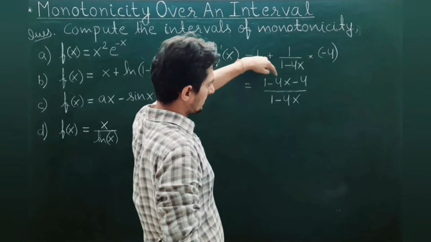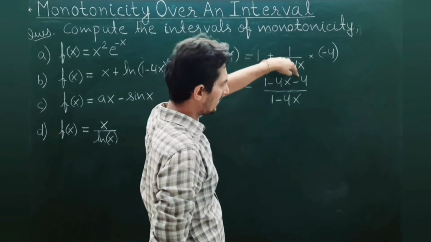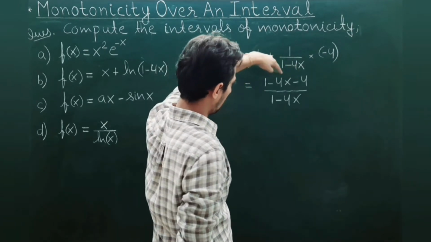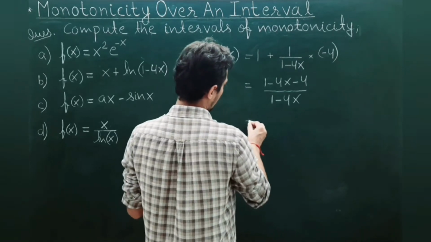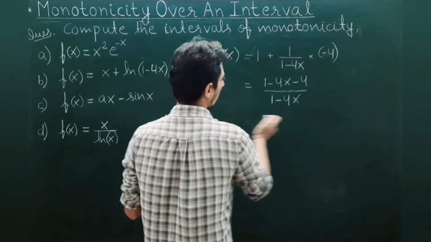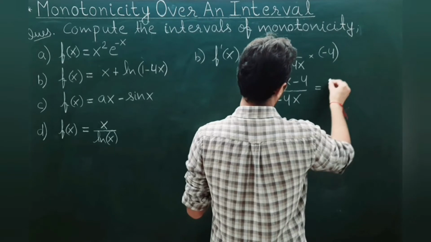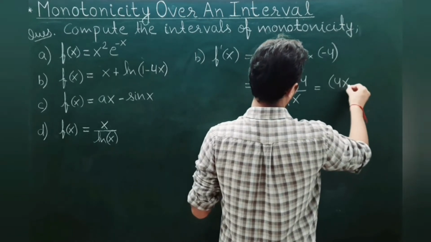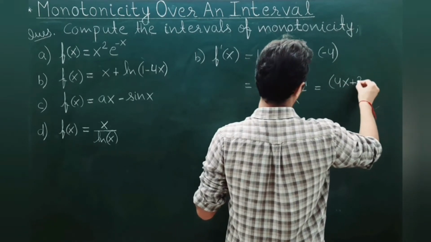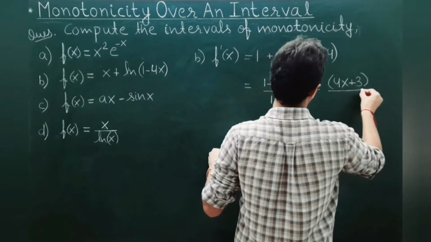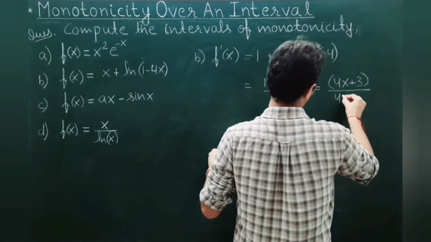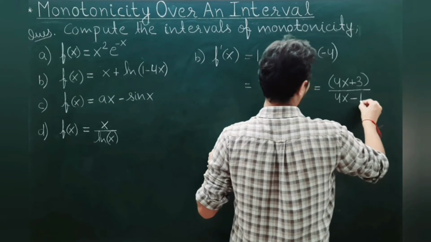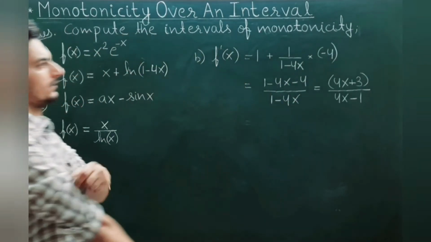Okay, it is minus 4x minus 3 upon 1 minus 4x. Taking the minus common from numerator and denominator, I can see that it will become 4x plus 3 divided by 4x minus 1.